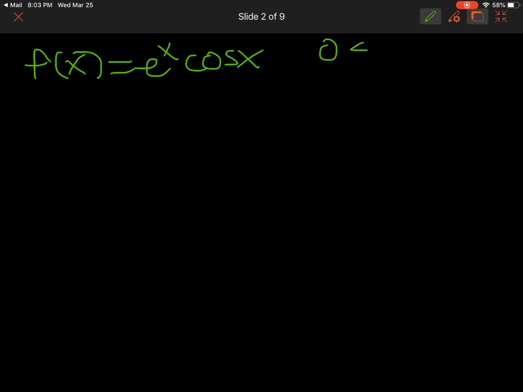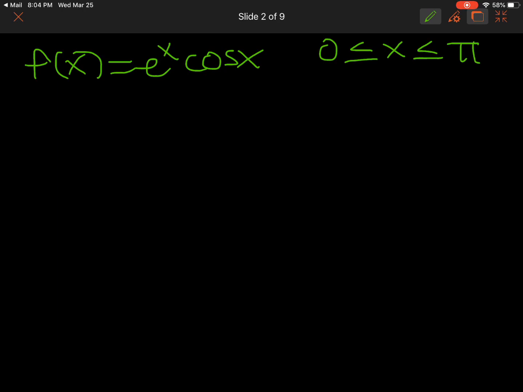Alright, so we're trying to find the average rate of change of f of x is equal to e to the x cosine of x, and that's on the interval 0 is less than or equal to x is less than or equal to pi.